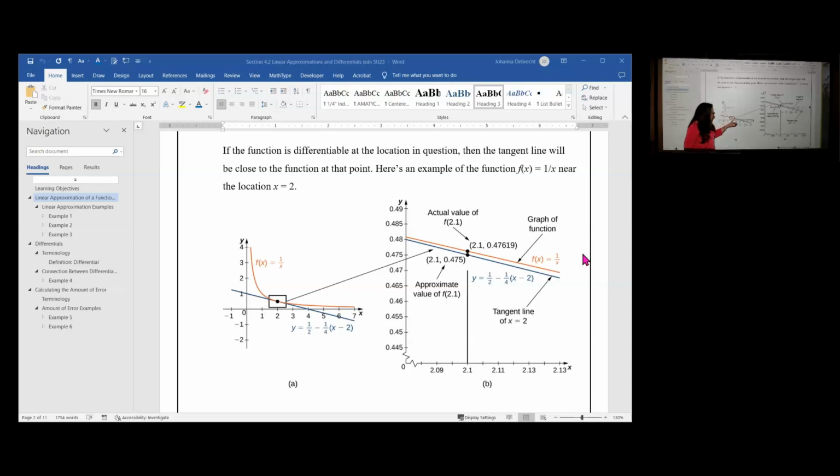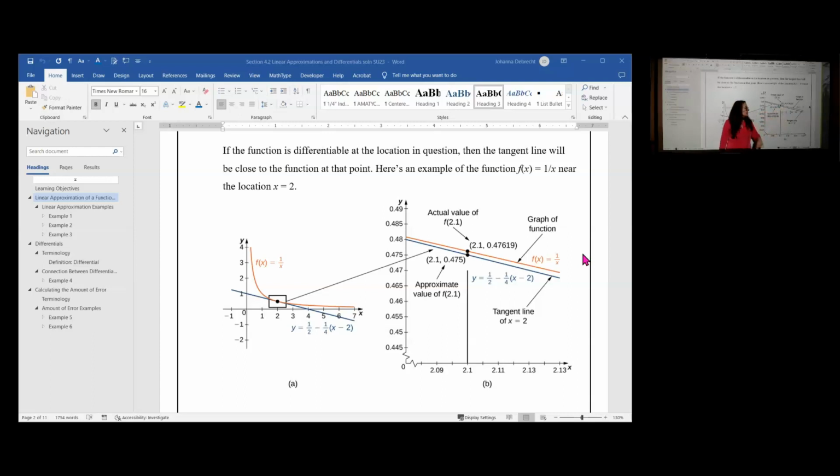There's a rectangle around the point where the tangent line and the function meet at x equal 2. We want to blow up this section of the graph, which is what you see here on the right. When we zoom in, notice how close the tangent line is to the graph of the function.